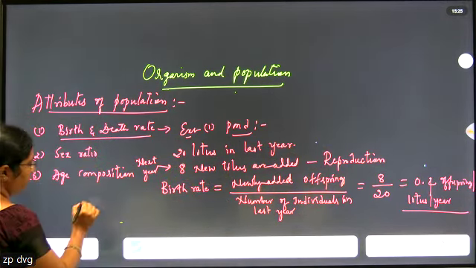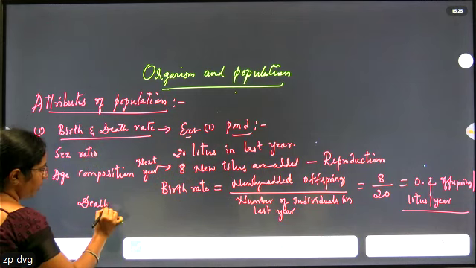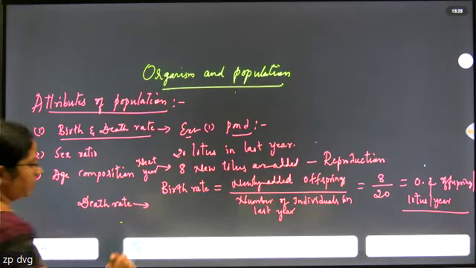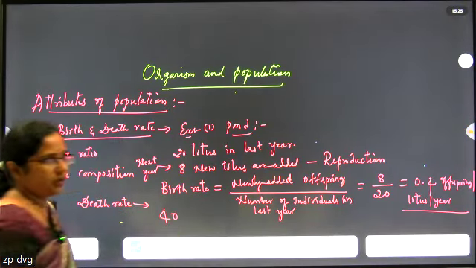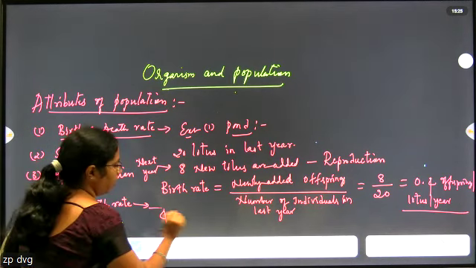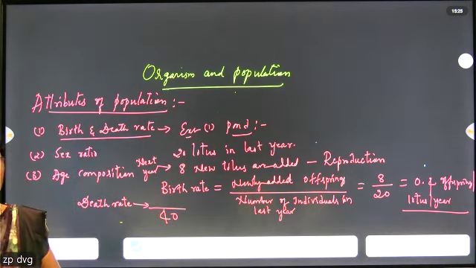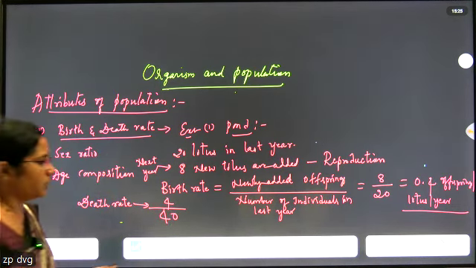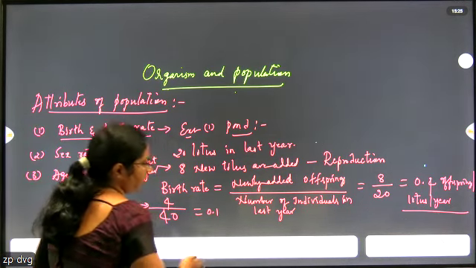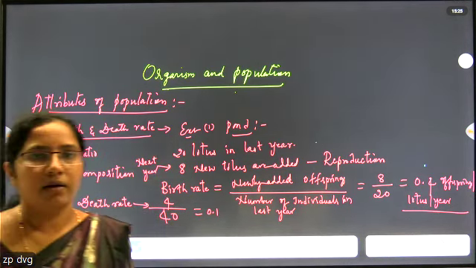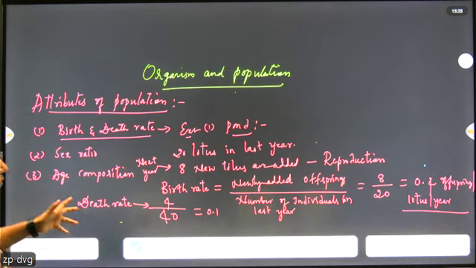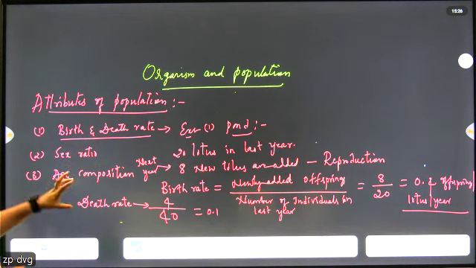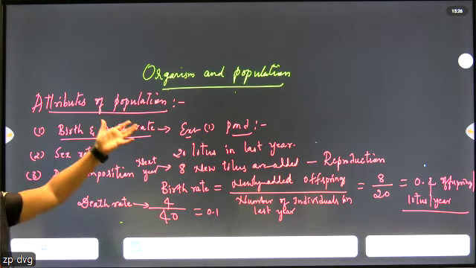In a similar manner, death rate can be calculated by using one more example. In a laboratory, there were 40 fruit flies. In a particular time duration, in a week, 4 fruit flies died. So how much death rate is possible? It is 0.1 fruit flies dying per week. This is how we can calculate the birth rate as well as death rate in order to explain the attributes of population.